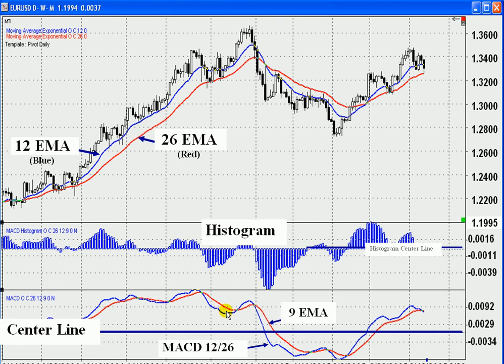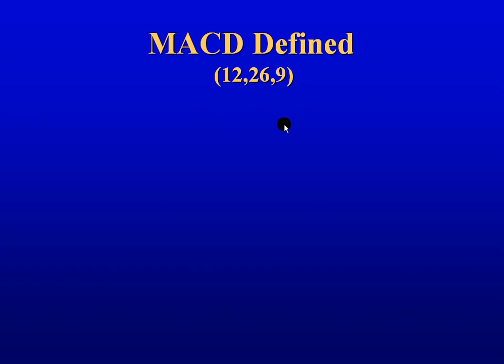We'll talk about this a little bit later, but the movement in the histogram can potentially lead a move that occurs in the market. And that's the basic anatomy of the MACD, and we'll look at it a little more closely in the following slides.